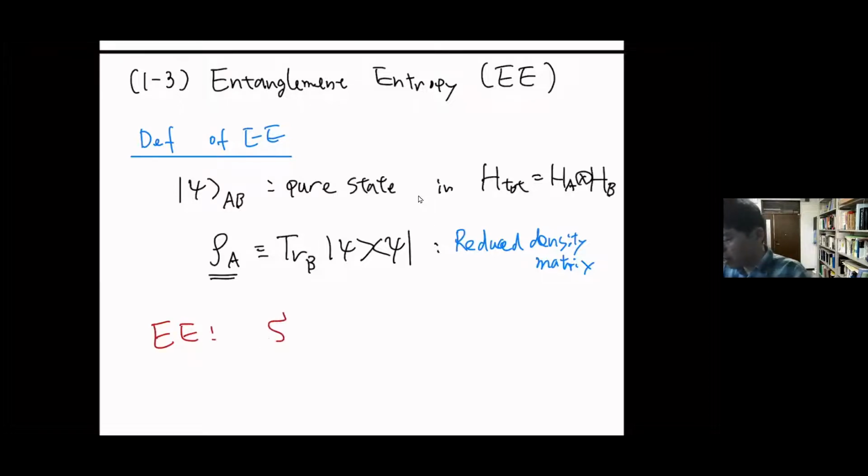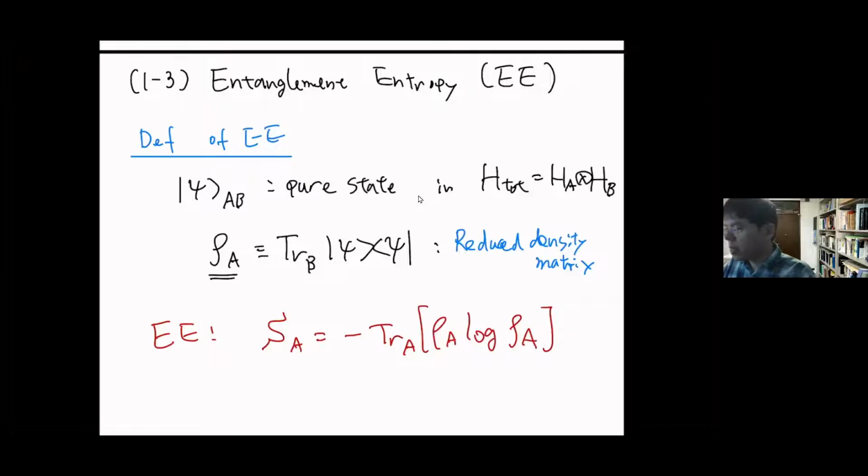We can define entanglement entropy as the von Neumann entropy, minus trace of rho log rho. So this is a definition of entanglement entropy.